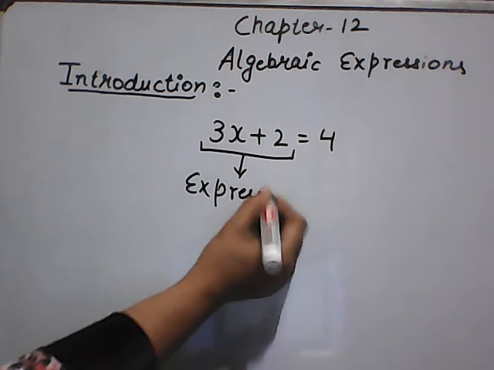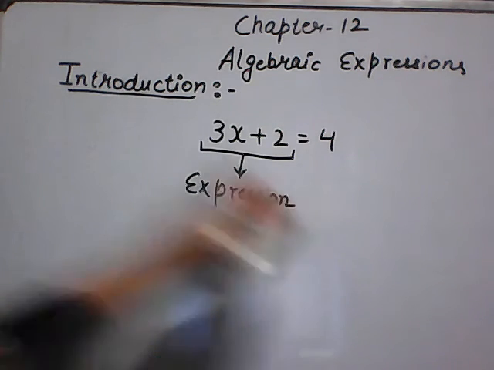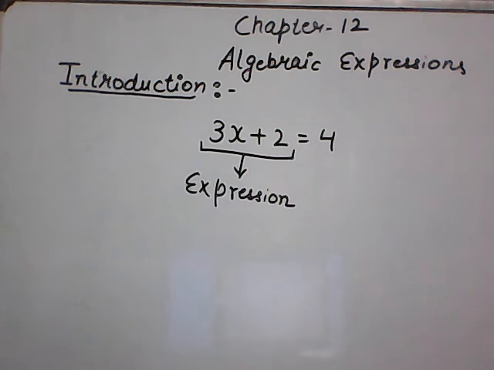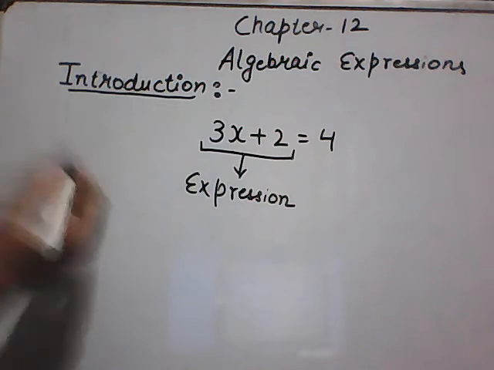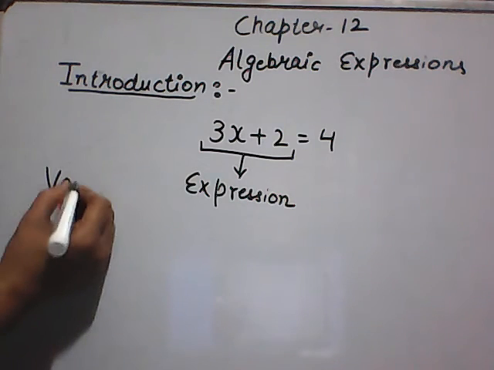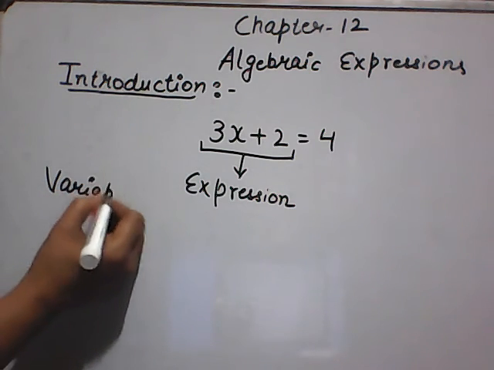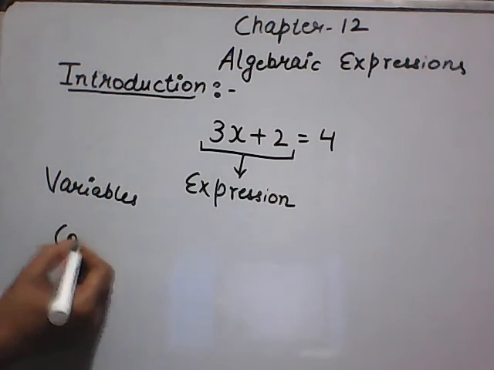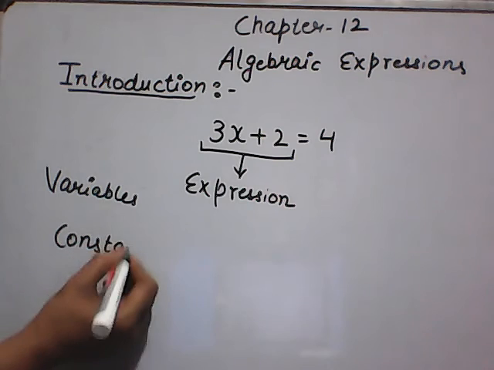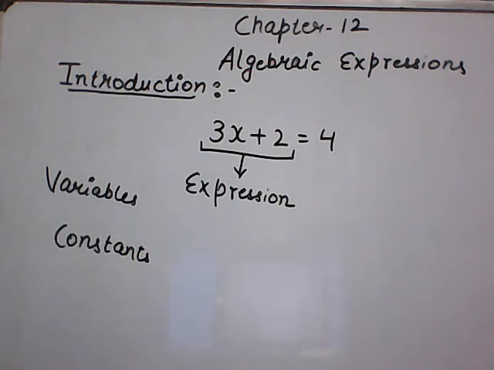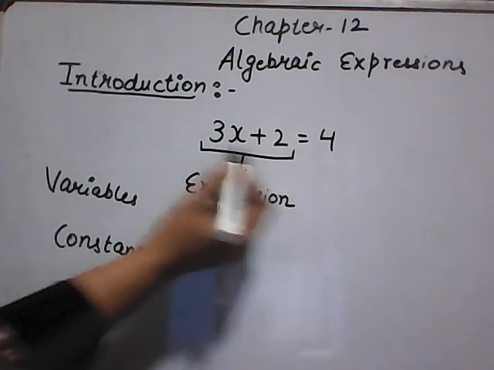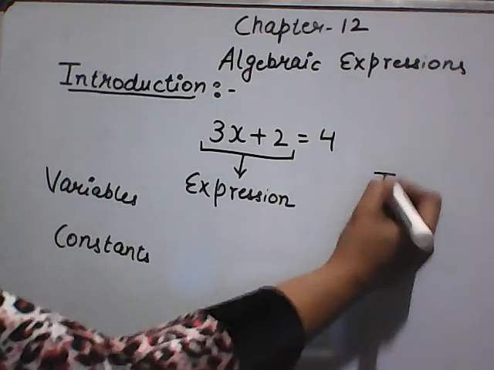An expression is a combination of variables, constants and operations. Here in this expression, 3x and 2, there are two terms.